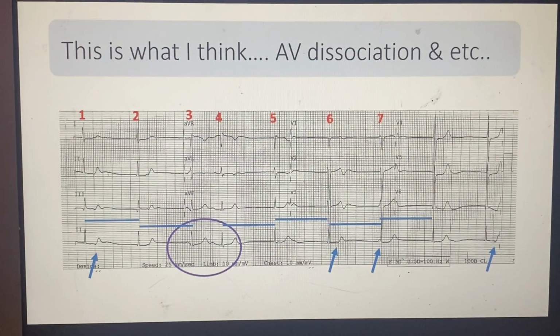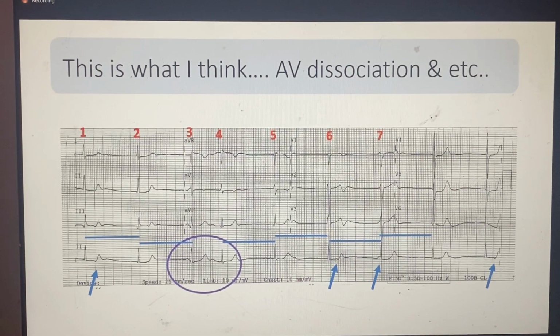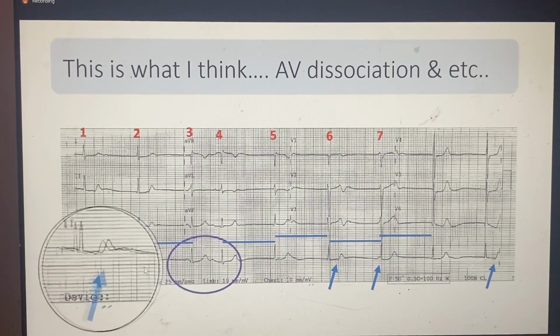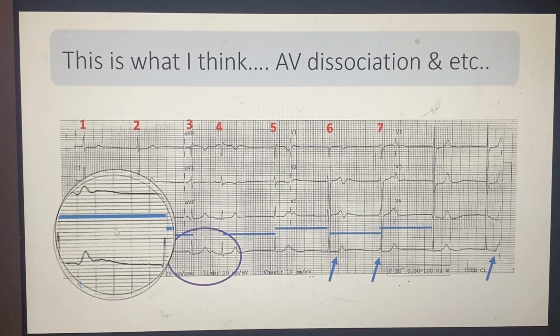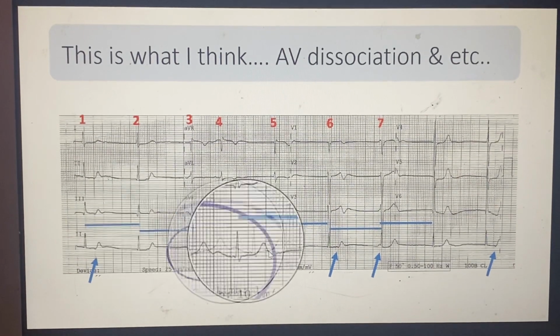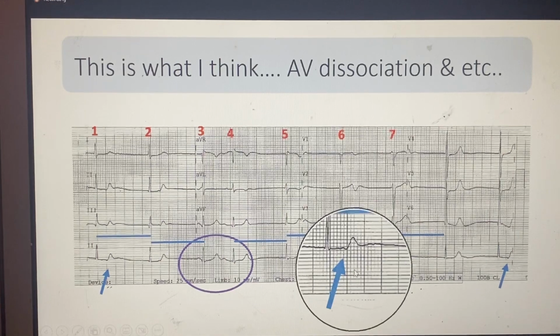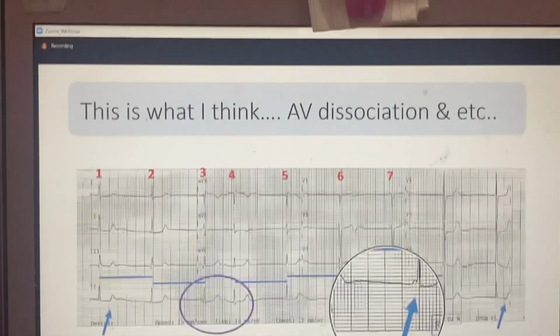Okay, again, feel free to interrupt, because this, for me, is still puzzling until now. The one I highlighted with the blue line here is actually the RR interval, which is quite regular, quite constant. But the one I highlighted with the blue arrow is, I think, actually AV dissociation. That's why I think it is junctional rhythm with AV dissociation.